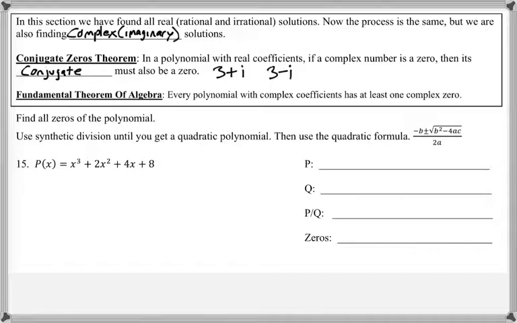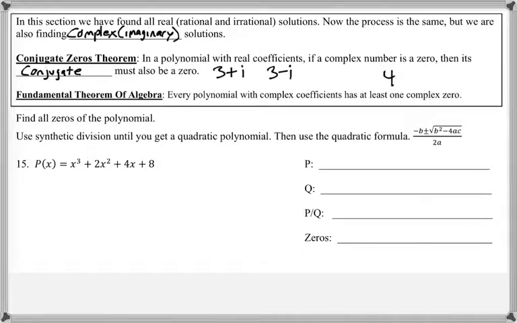And then lastly, the Fundamental Theorem of Algebra. It says every polynomial with complex coefficients has at least one complex zero. A complex number doesn't have to have an i. It could be like 4 plus 0i, which would then just mean that it's 4, and that could be considered a complex number.